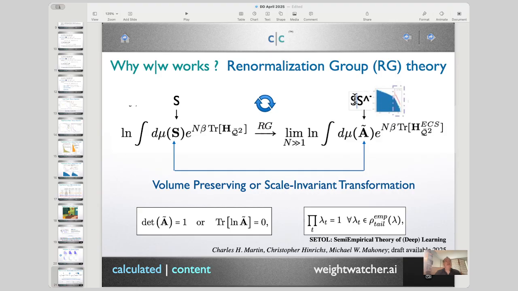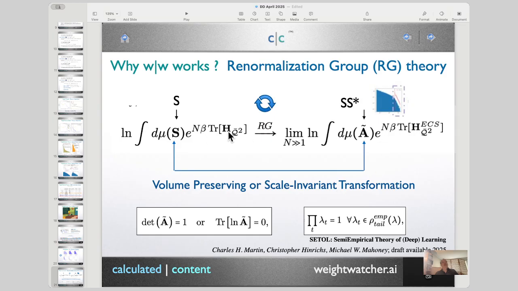I can do it here. This A is SS transpose. I don't have that, so I'll just put a star here for transpose. This S becomes SS transpose. And what happens is as you transform from uncorrelated to correlated components, there's this scale invariant transform that occurs.